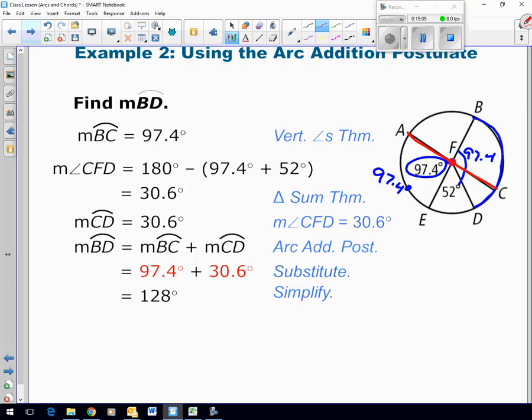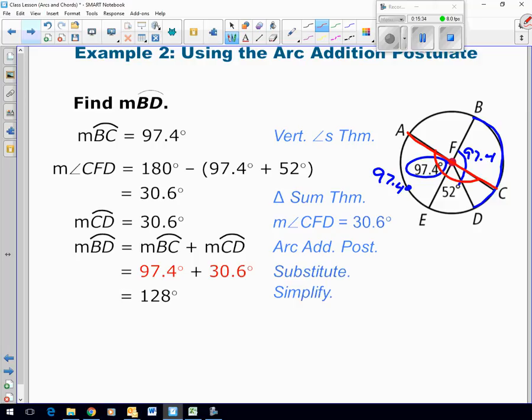So ABC, 180 minus all of that would be what? 128.